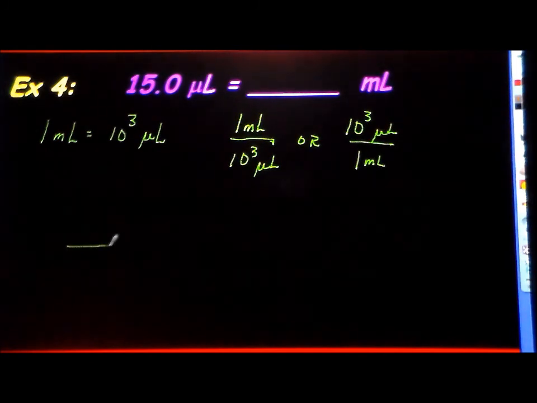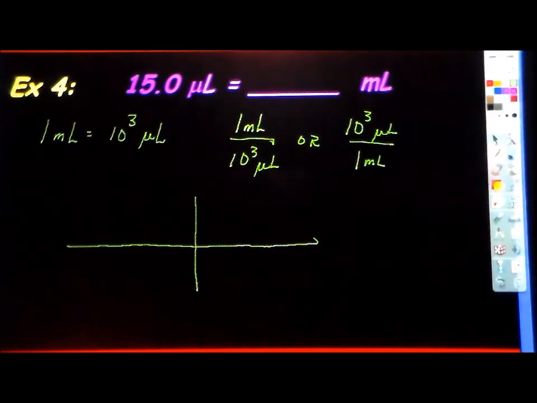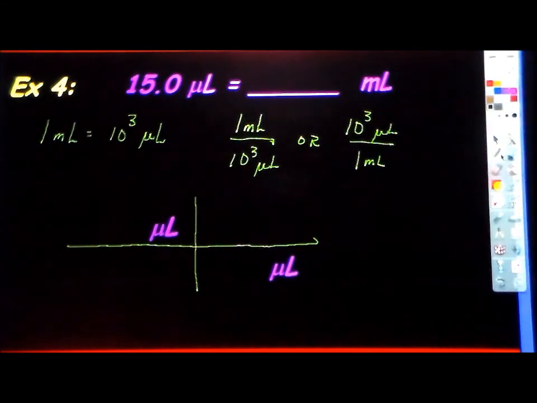So we start the problem off, and then we go grab our units. So our original problem is dealing with microliters. So I need microliters down here to cancel out, which means that I need milliliters right here.